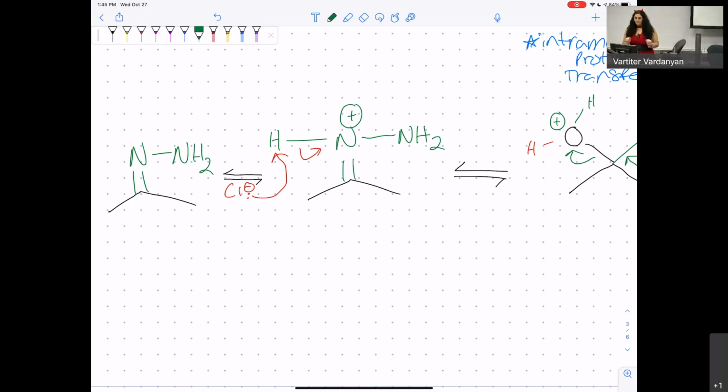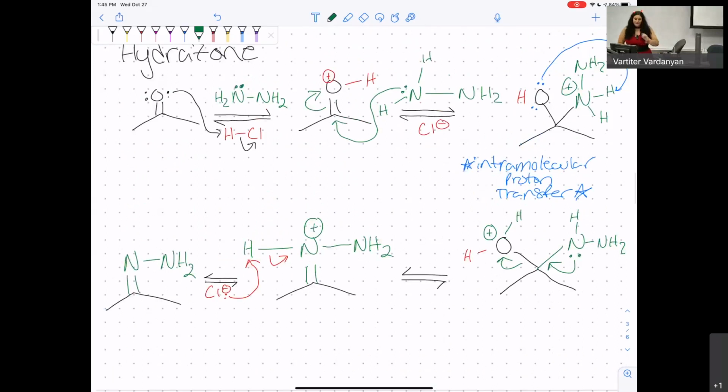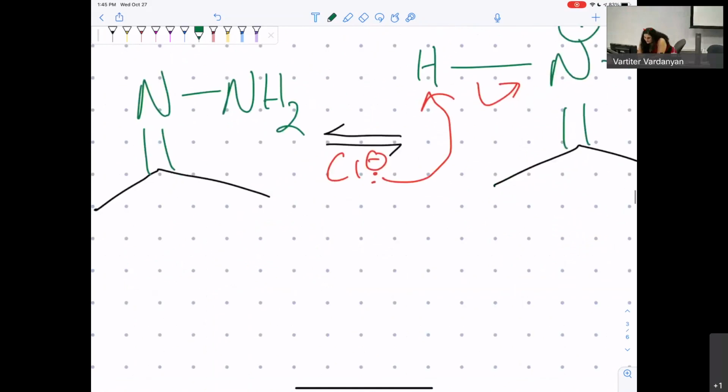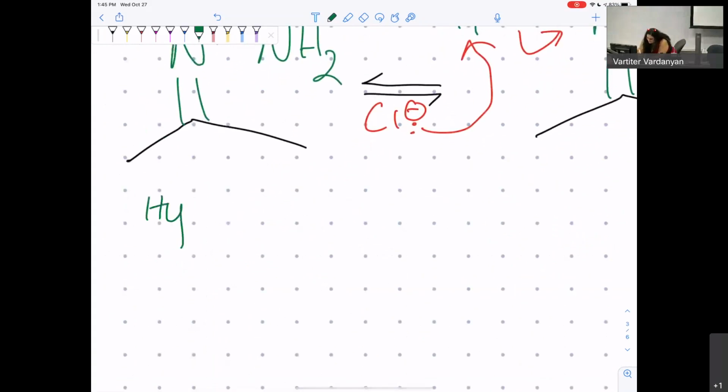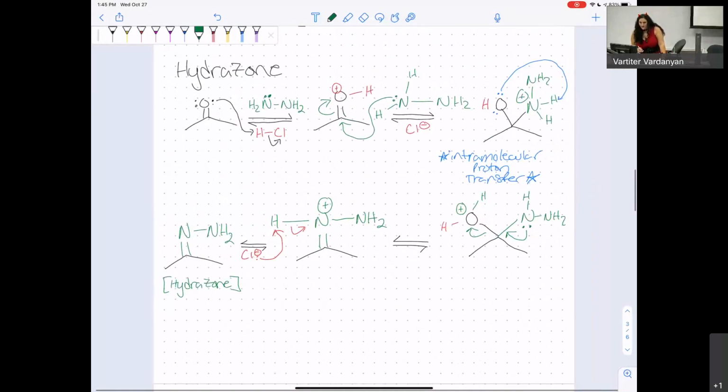All right. This is one of my favorite parts of this chapter, because I love to make this dumb pun. So we have the hydrazone. That name is already given. The hydrazone is the name of this product. And the name of the reactant is hydrazine.